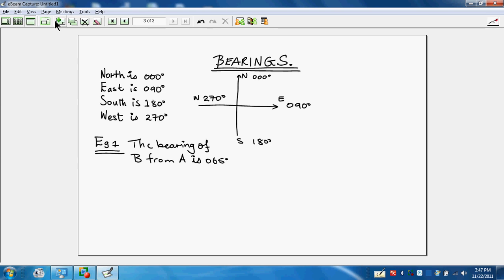The first step is that we must first draw a north arrow from A. So step 1 will be to draw a north arrow from A.